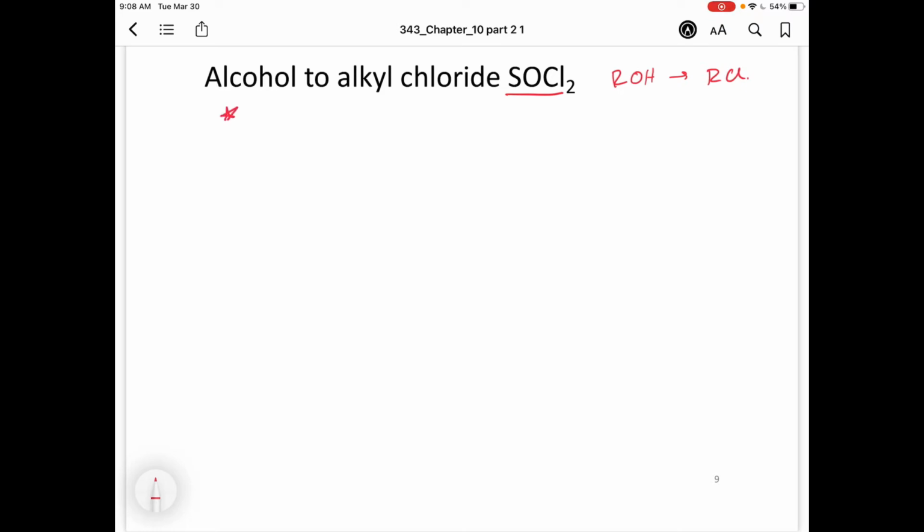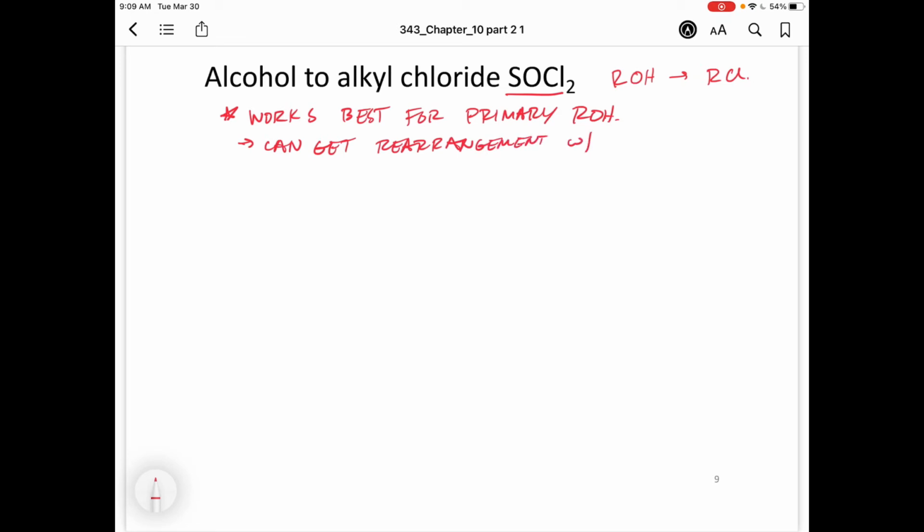This works the best for primary alcohols, so just keep that in mind, because you can get rearrangement if you have secondary alcohols with beta branching. And that's okay because you can always just use a different leaving group if you have a secondary alcohol.